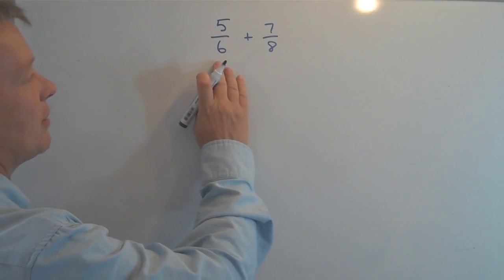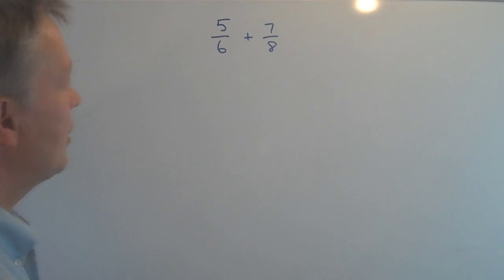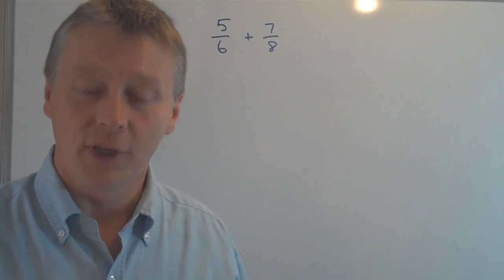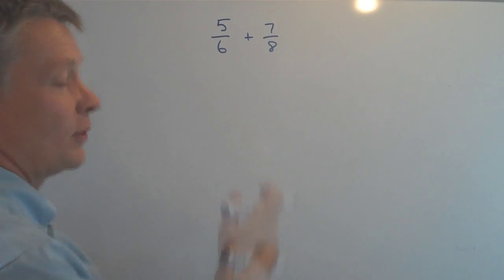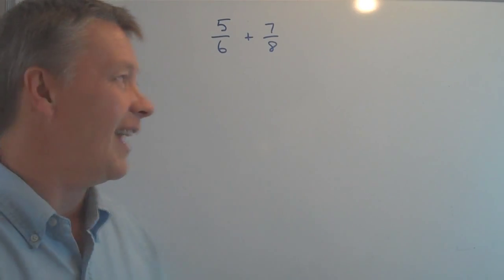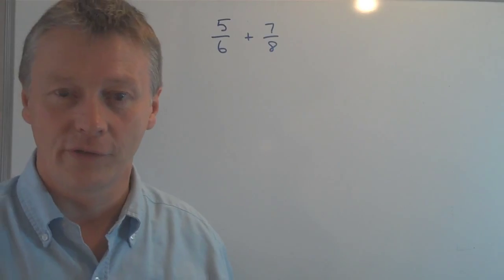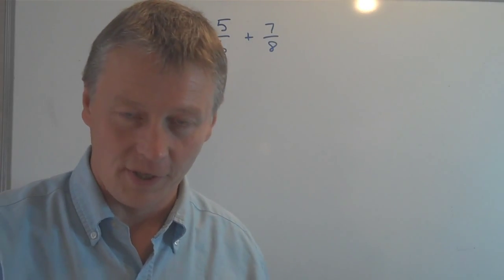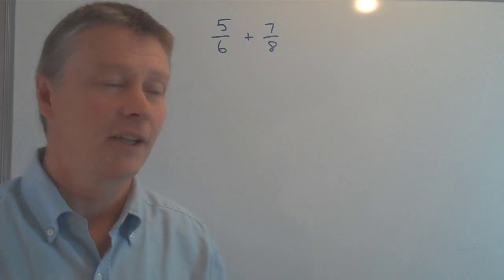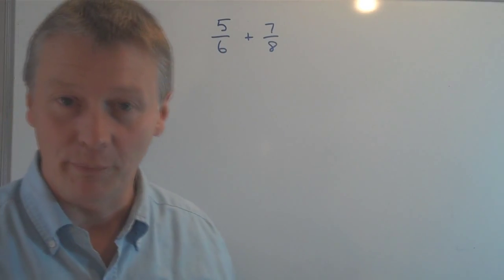And the lowest common multiple I'm going to use is 24, because I know that 6 will divide into 24 4 times and 8 will divide into 24 3 times. So I could use 48 if I want to, not a problem. It just means that my numbers are going to be a little bit bigger.